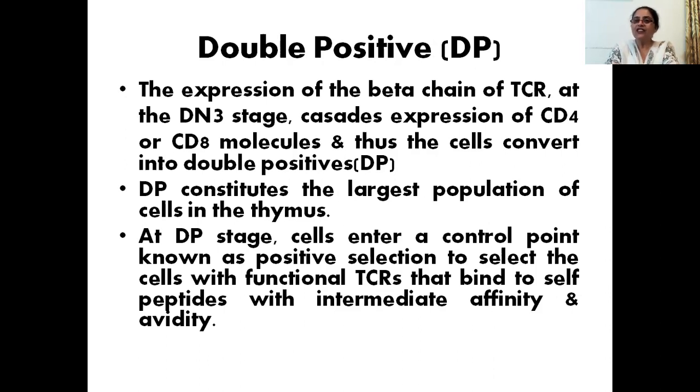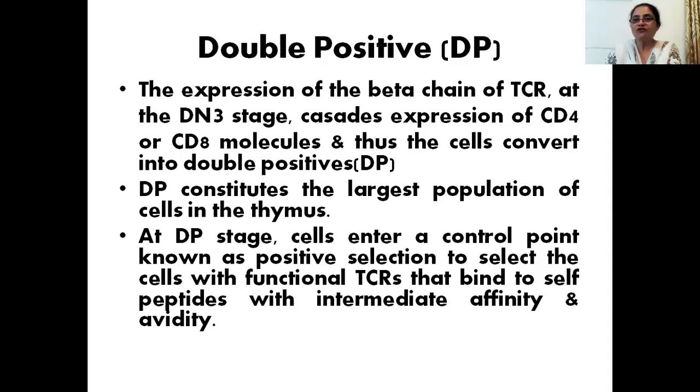In the double positive state, these stages are the development of thymocytes, T cells. So when the alpha beta chain is acquired by thymocytes, these alpha beta chains are for development of T cell receptors.